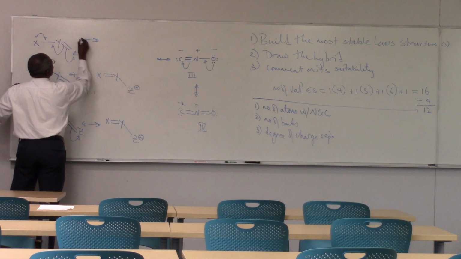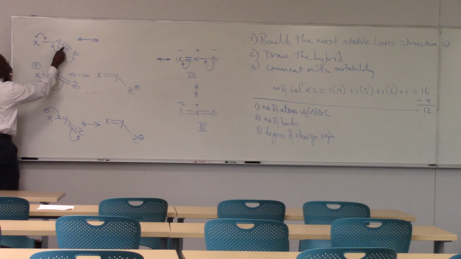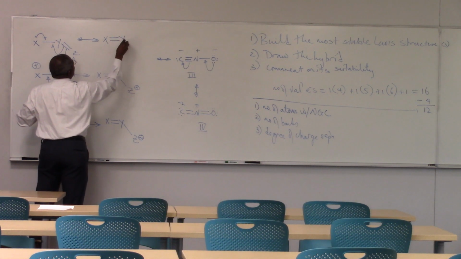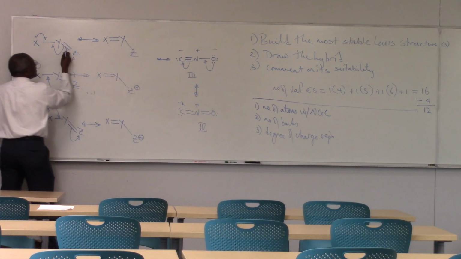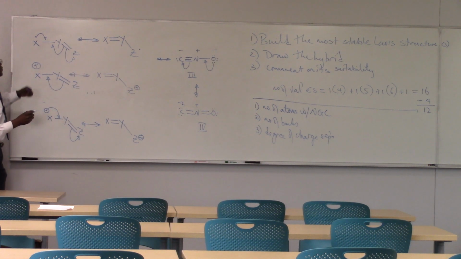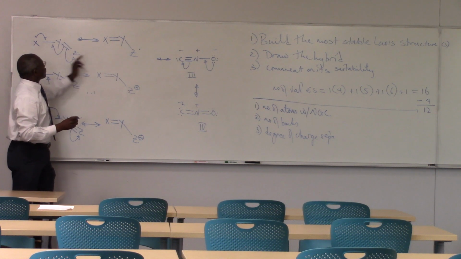But essentially what is happening is I will take this electron, pair it with one of these electrons to make an X-Y double bond, and Z is going to end up with one electron, right? And therefore what I end up doing is transferring the lone electron onto the Z.